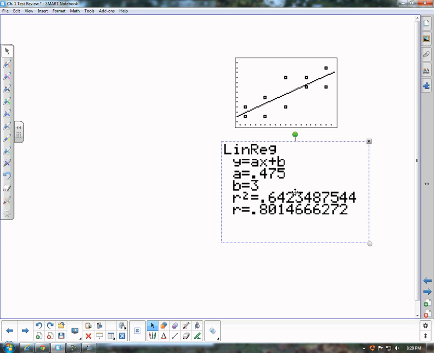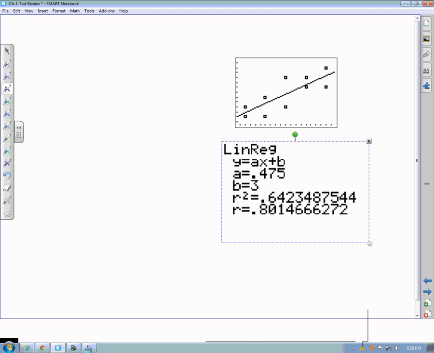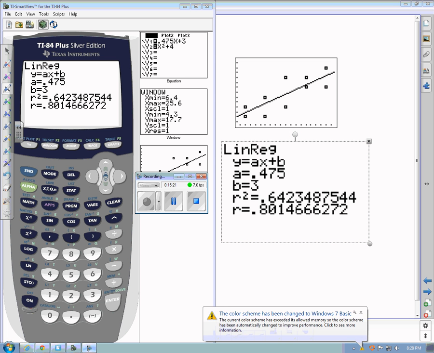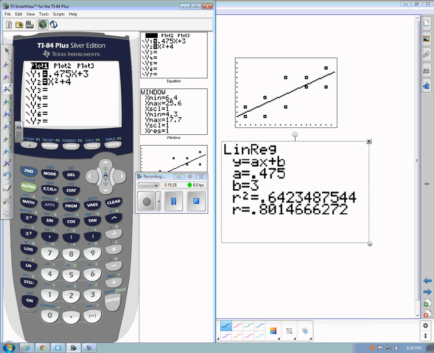Then if you want to draw that line in, you can hit draw on a Casio for both of them, though you have to transfer it over and get it into the y equals part.